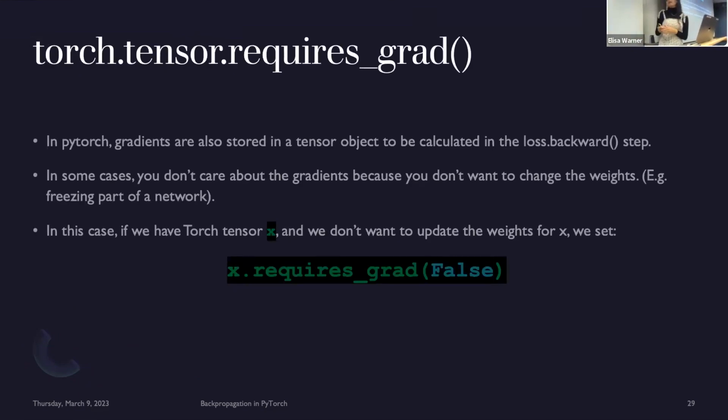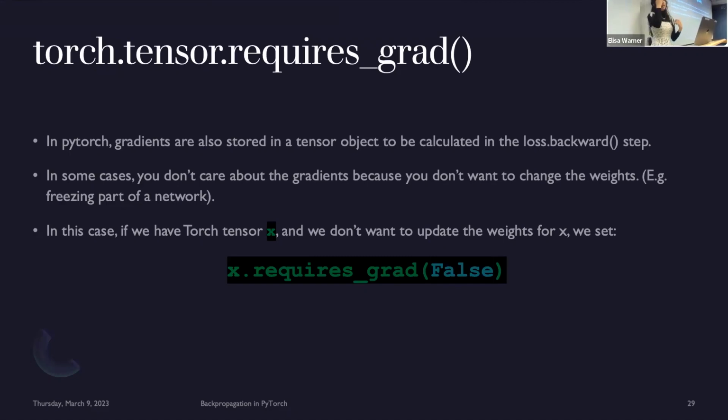Another method that I want to talk about is torch.tensor.requires_grad. The model parameters are set in a data type called torch.tensor, and that data type also stores an attribute called grad. Grad is where it stores the gradients. Sometimes we don't want to store the gradients.